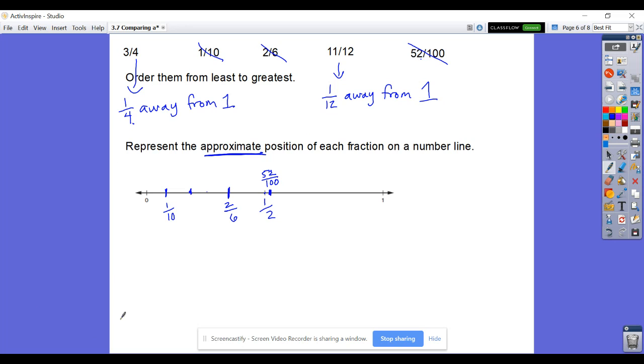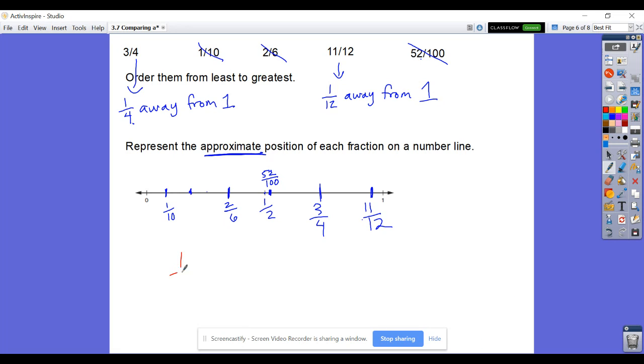A 1/4 is much bigger, right? If I pictured this number line in 4 equal pieces, that's about where 3/4 is going to fall. Whereas if I picture this in 12 equal pieces, this has to be even closer than 1/10. This would have to be like here maybe for my 11/12.